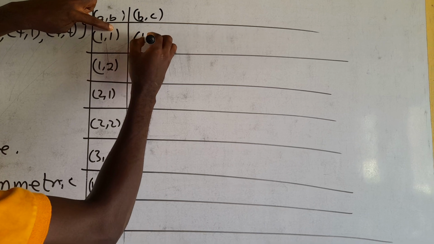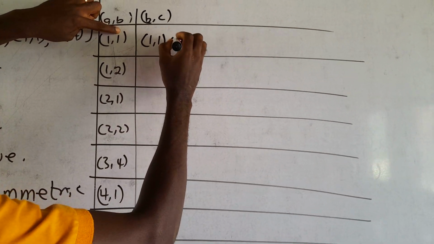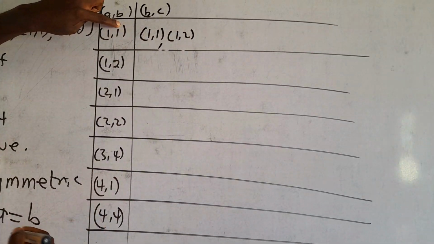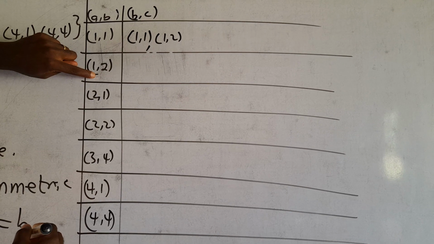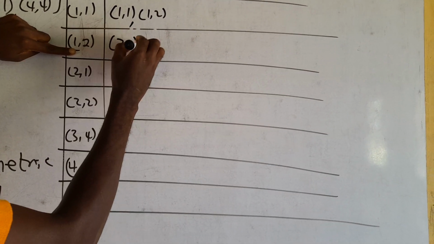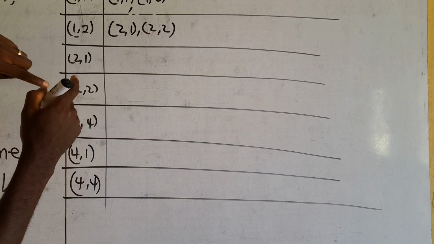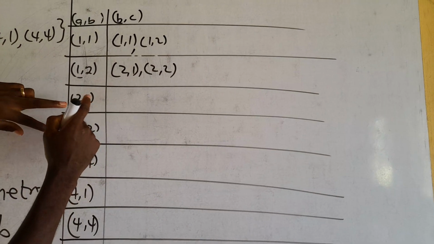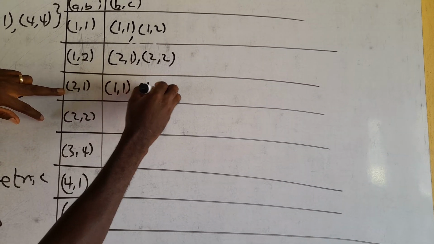So for (1, 1), we have (1, 1) and (1, 2). For (1, 2), I'll list the ordered pairs that 2 begins: (2, 1), then (2, 2). Then for (2, 1), the ordered pairs that 1 begins again: (1, 1), then (1, 2).